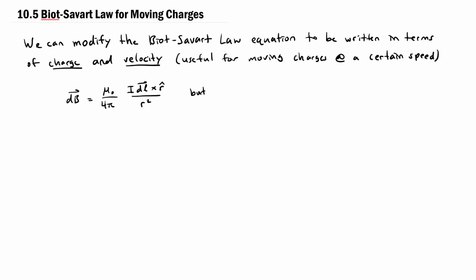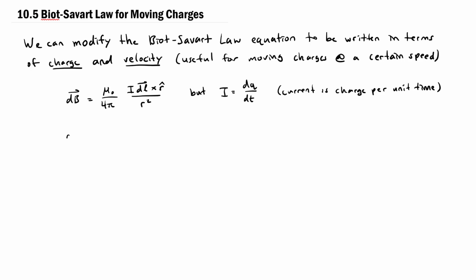But is there another way to represent our current? When we talk about current, we're actually talking about the charge that moves per unit of time. So that means it's going to be some sort of change in charge over some change in time, because current is charge per unit time.